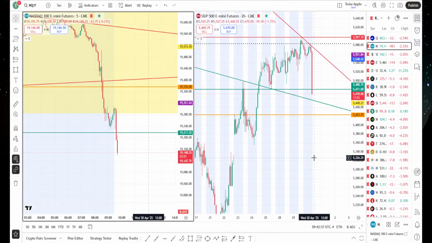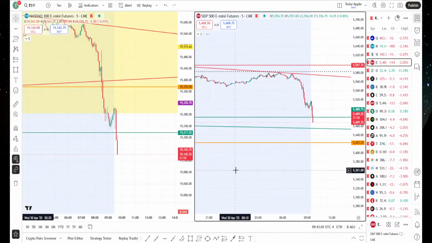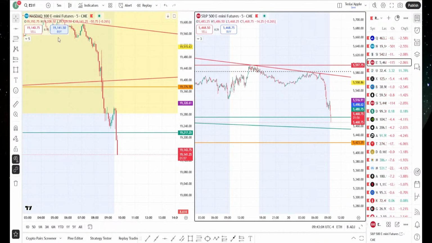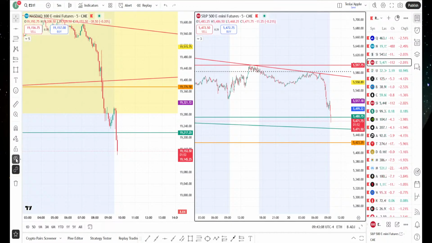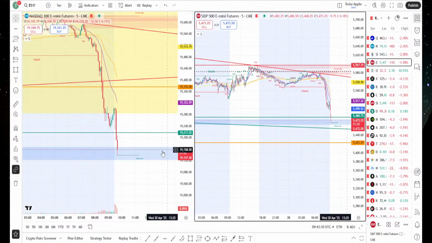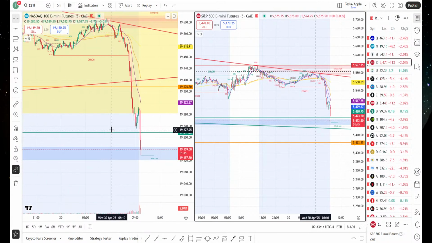That being said, let's go here now to the lower time frames. And then we're gonna now add our indicators.